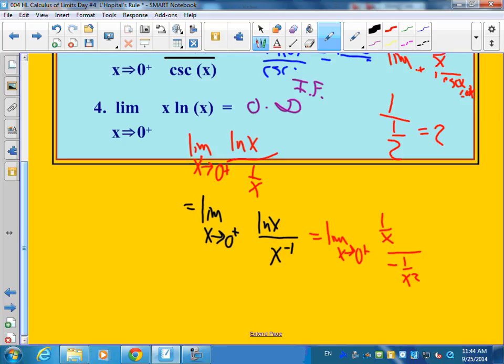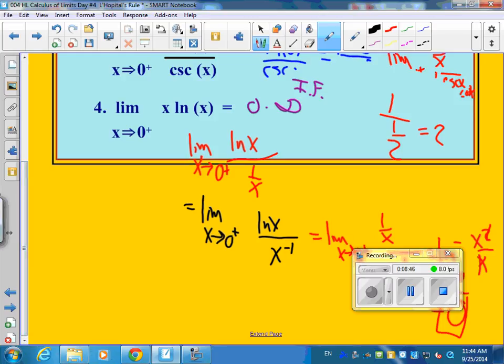So this is going to be rearranged to be the limit as x approaches 0 of negative x squared over x. And if you cancel the x's, you still put a 0 in. Won't this still be 0? So not very exciting. 0 times infinity in this case is 0. But those are 4 examples that you can use to take limits with.